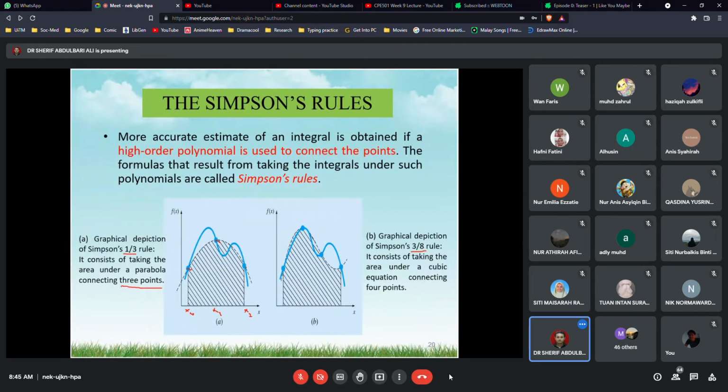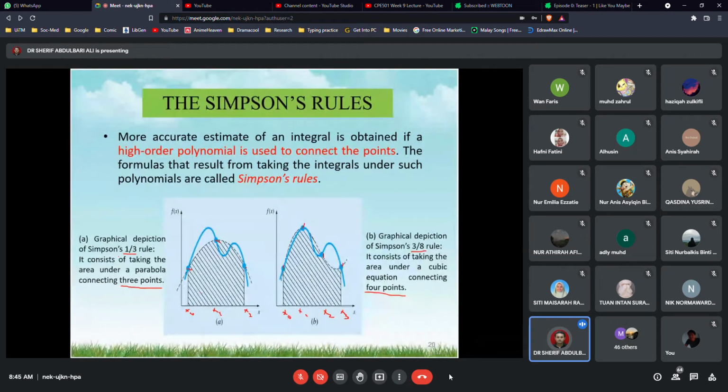The 3/8 rule fits a cubic equation through 4 points, x0, x1, x2, and x3.